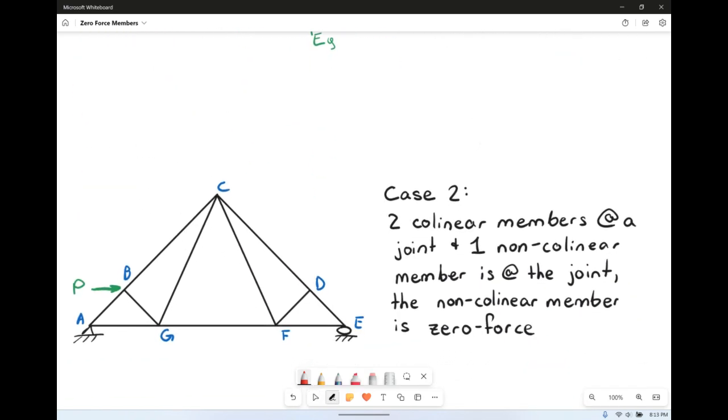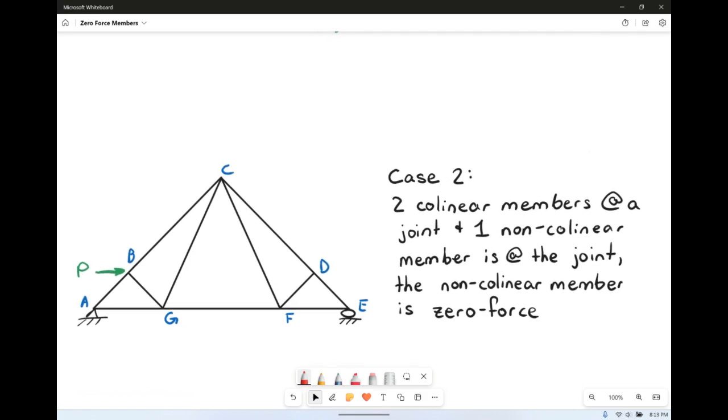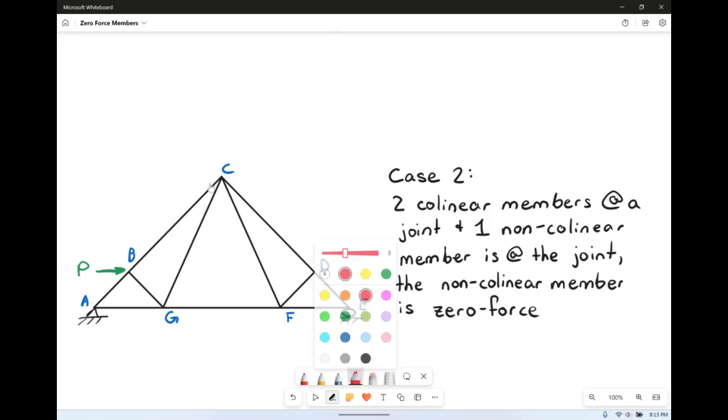For case 2, we have two collinear members at a joint and one non-collinear at the same joint. The non-collinear member is 0 force. Let's check it out.